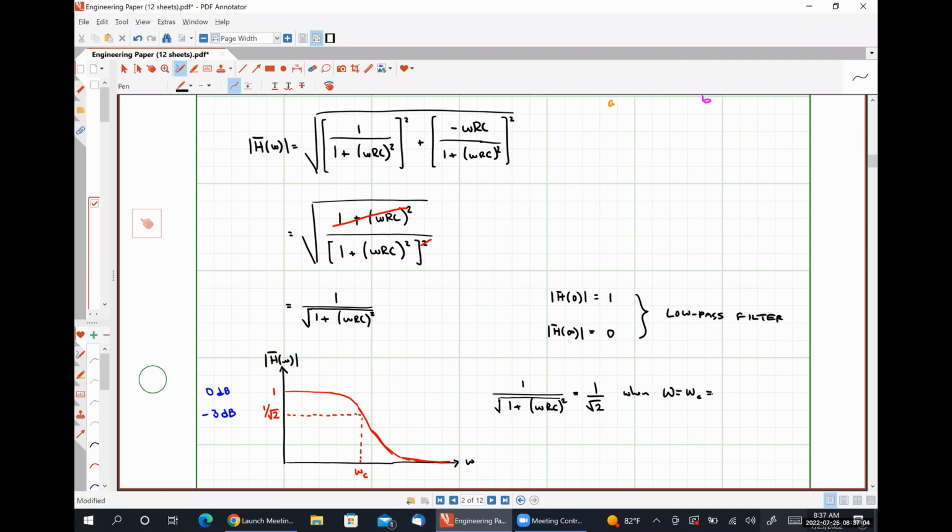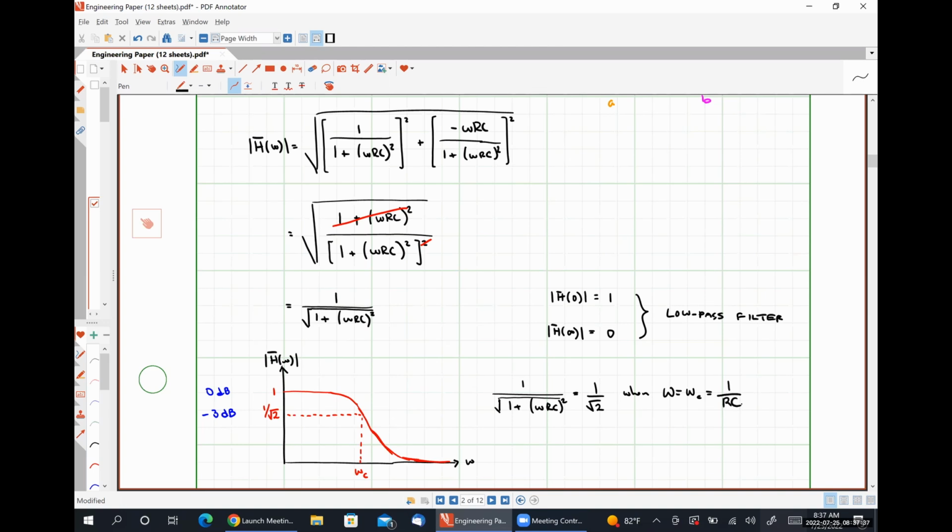Well, it's pretty obvious here that the quantity omega RC needs to equal 1, right? Because then that would give us a 1 over the square root of 1 plus 1. So omega RC needs to equal 1 implies that omega needs to be 1 over RC.